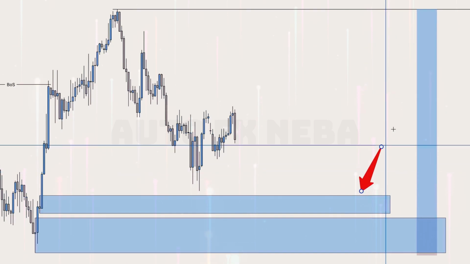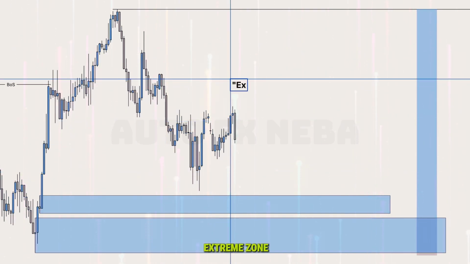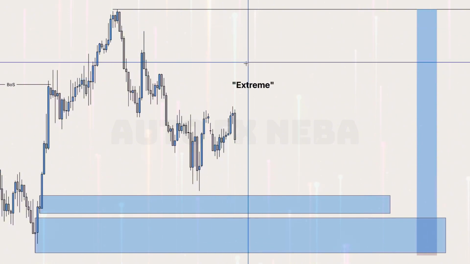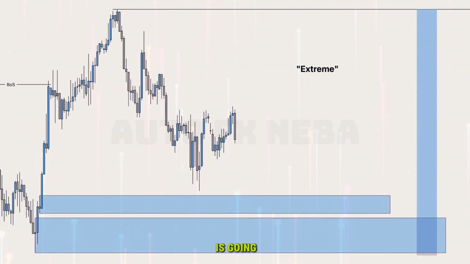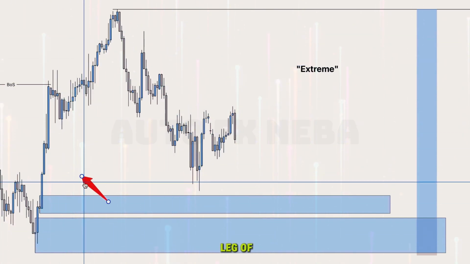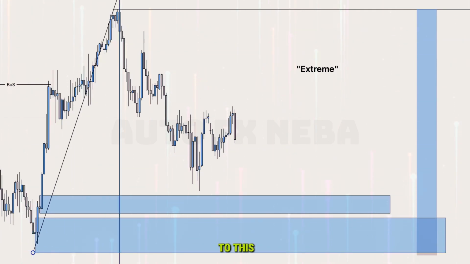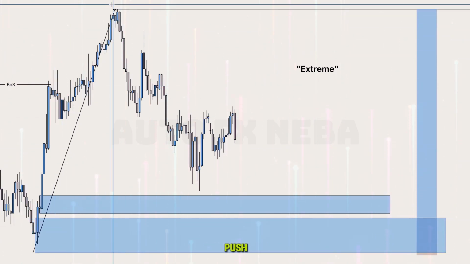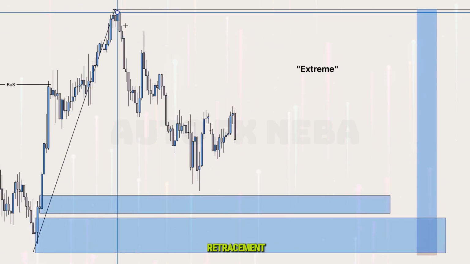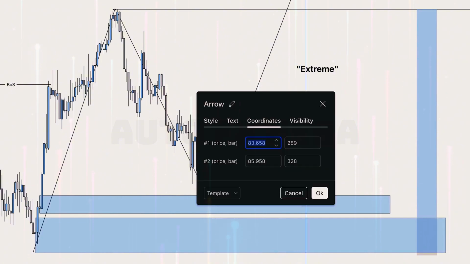The simple way to approach this is to place your order on what we call the extreme zone. Now the extreme zone is going to be the furthest zone from price in the leg of price movement. So our leg of price movement is from this low to this high. This is the bullish push. We're basically now looking for a retracement opportunity to then buy from further.